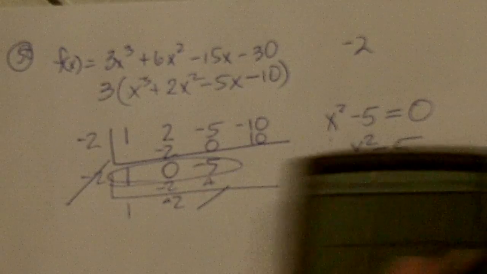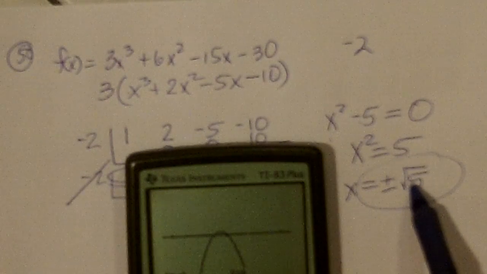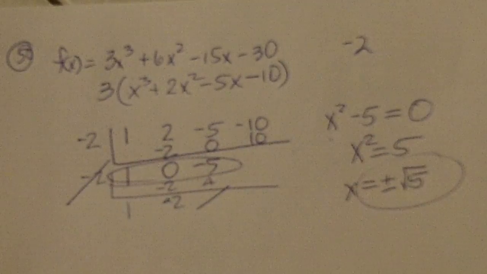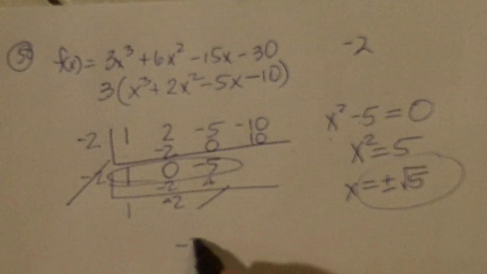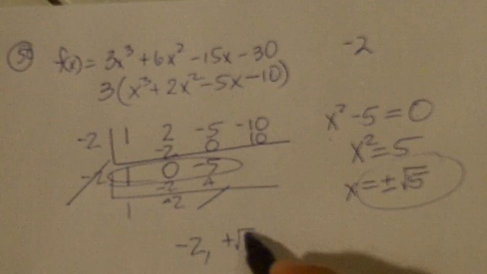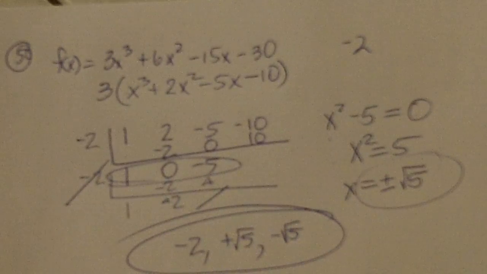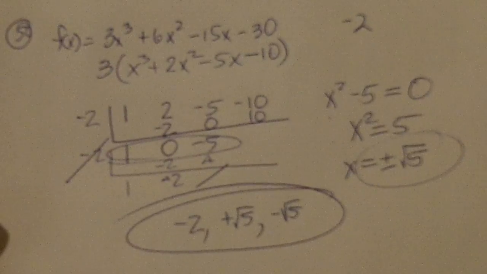By the way, the square root of 5 is 2.3 something, and so this must be negative 2.3, that other one. So our three zeros for this cubic are negative 2, plus the square root of 5, and negative square root of 5. And those are the exact answers, and that's what I really like you to be able to do.